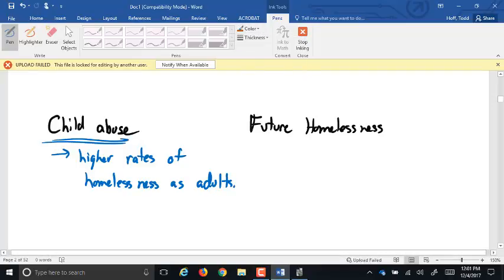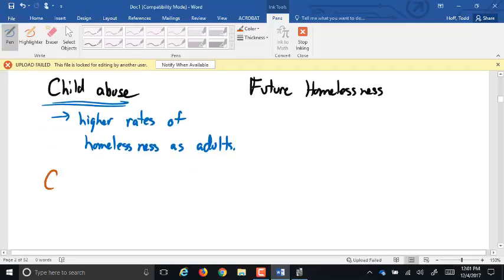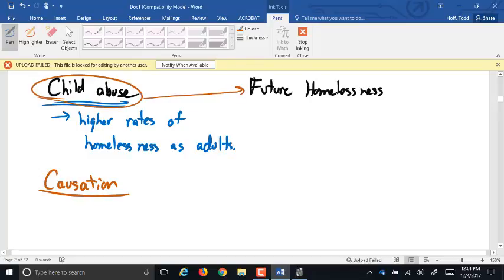So my question I want to put out there for you: the study showed this. Do you think this is a case where one causes the other? I want you to think about what the argument would be for causation, that being abused as a child does make you more prone to be homeless in the future, or is it a correlation?